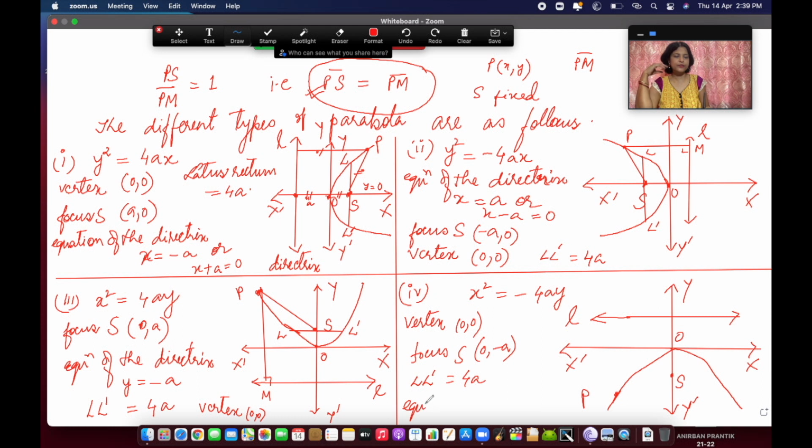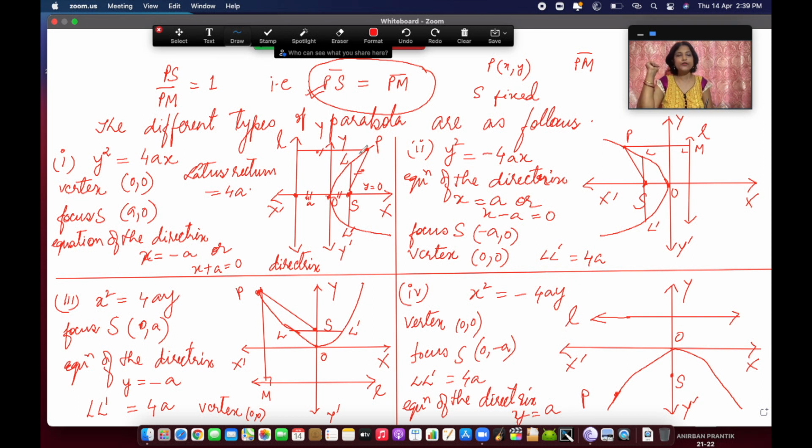Equation of the directrix: directrix is y equals a, or y minus a equal to 0.